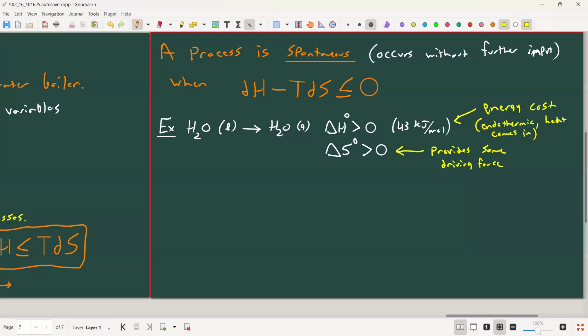Okay, so let's say, for instance, that the heat that we bring into the system isn't enough. In this case, we have 40 kilojoules per mole. That's the required heat for the system.